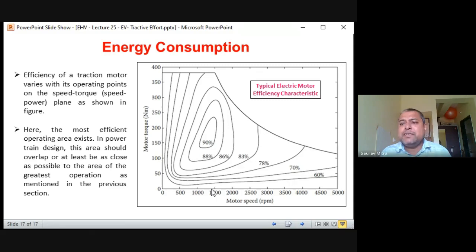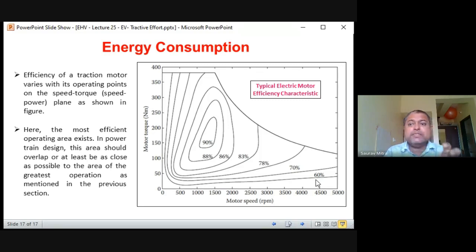So for a maximum speed of 200 kilometer per hour, if you are driving at 40 to 60 kilometer per hour, that means we should have control over ourselves. I can drive the vehicle up to 200 kilometer per hour, but I will be losing efficiency at that time. In that case efficiency is only 60%, which means you cannot go the maximum distance on one charge.